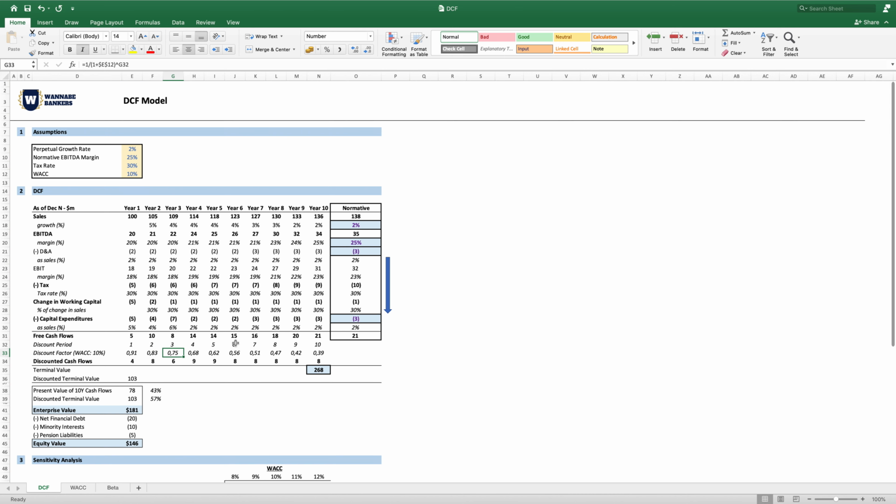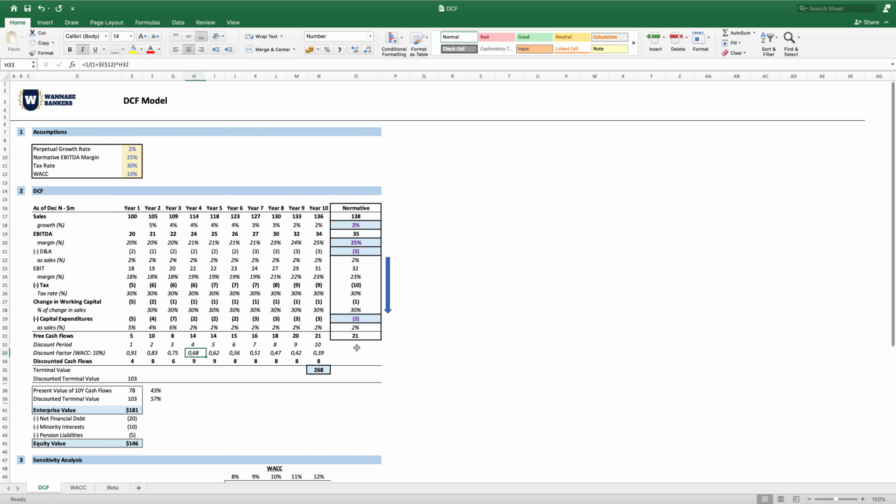In the third year it's going to be 1 divided by 1 plus the discount rate cubed. In the fourth year it's going to be 1 divided by 1 plus the discount rate to the fourth power, etc. And you continue doing this until the last year of your business plan.